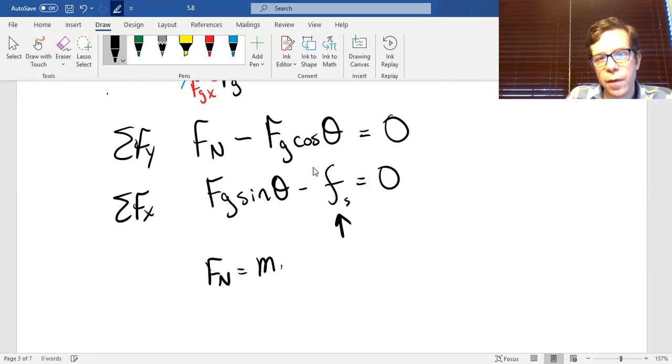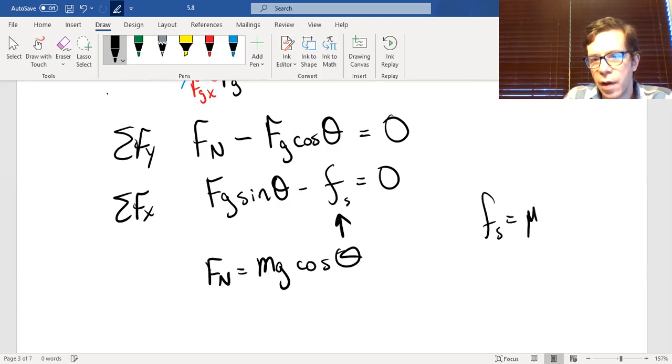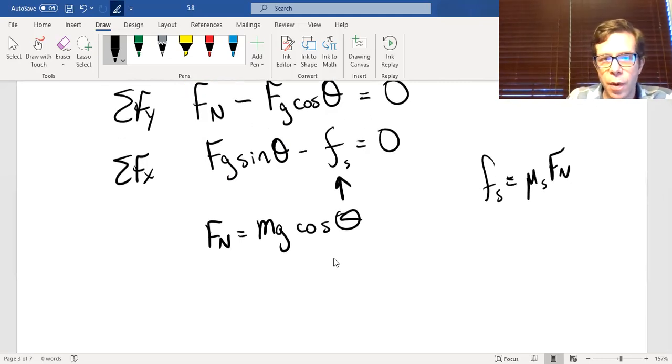Normal force is mg cosine theta. And let's look at our friction equation. For this case, I'm using equality because we're looking at the limiting case. So here's my y equation with mg plugged in for the force of gravity.